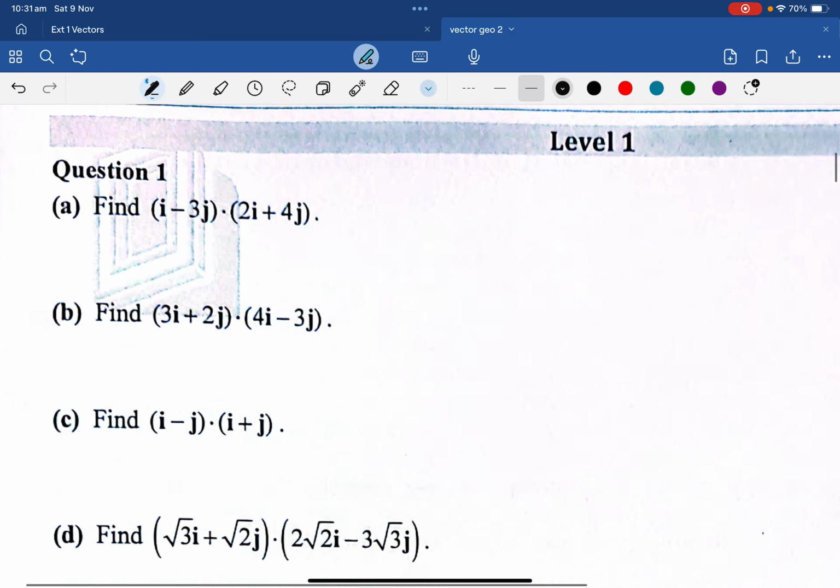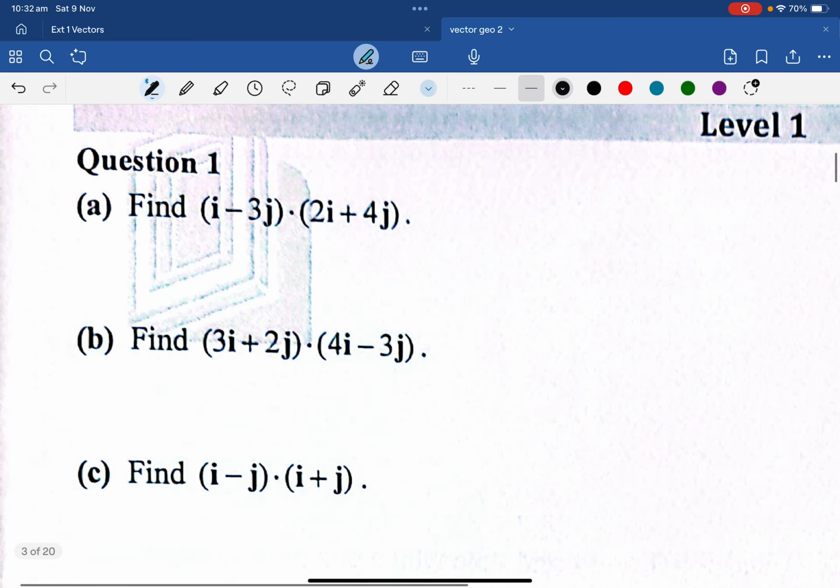Okay, so question 1a tends to be rather simple. First, let's convert this into its component form because it's in the, what form is this again? Vector form, exactly. Let's convert it into our component form. So then that's going to be, remember some basics.